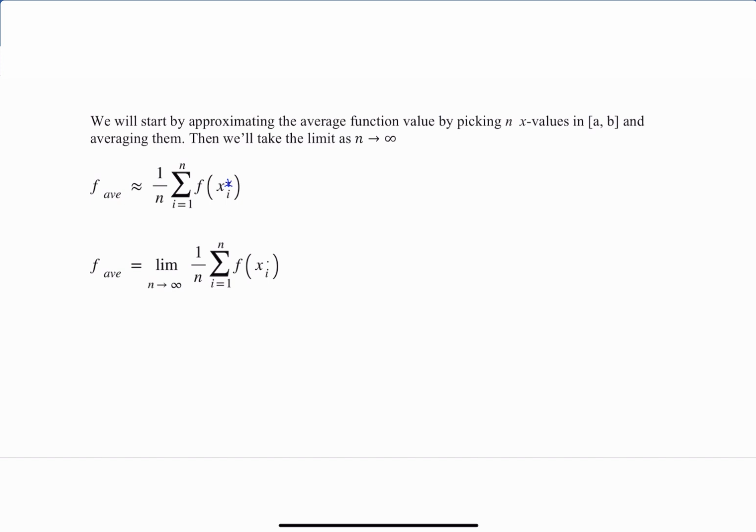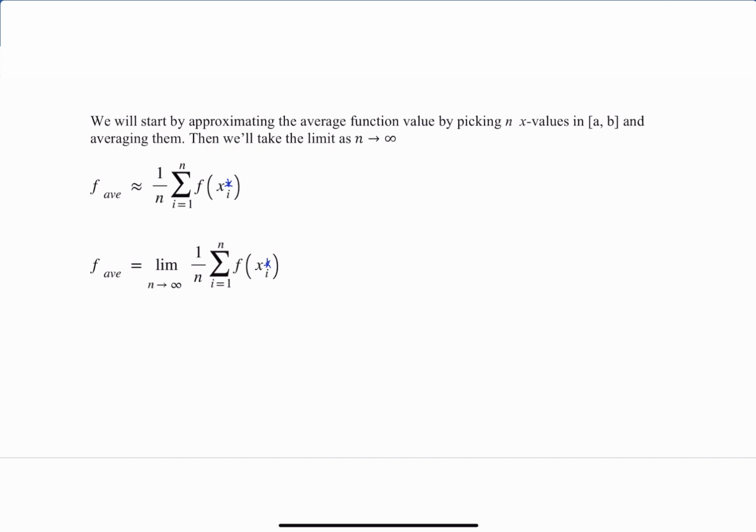Now then, it seems reasonable to define the actual average of all the function values to be the limit as n goes to infinity, because as n gets bigger and bigger, we're taking more and more of those function values. So the thing we want should be the limit of the normal average here.